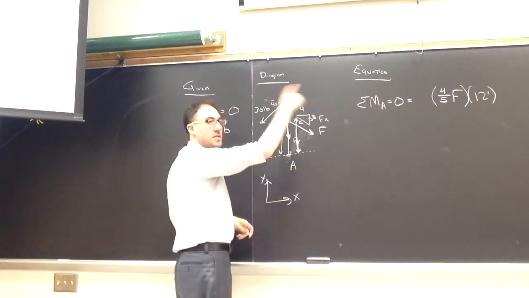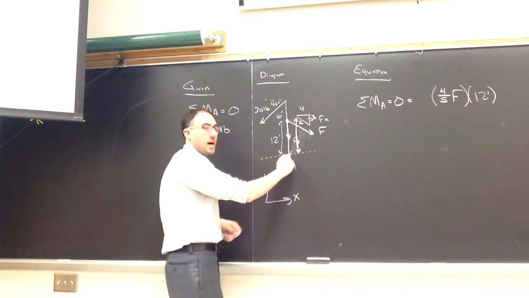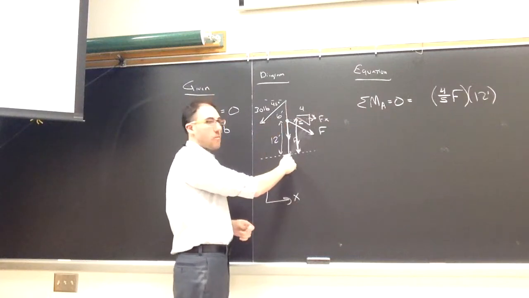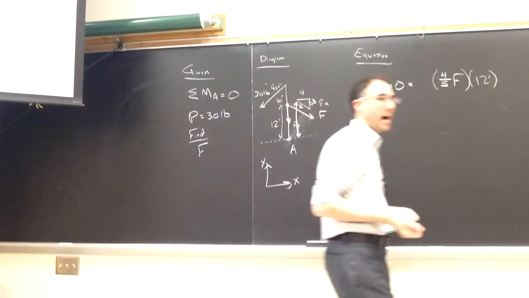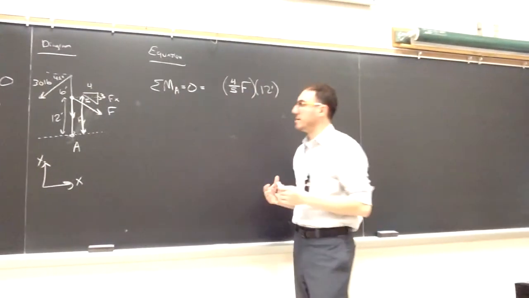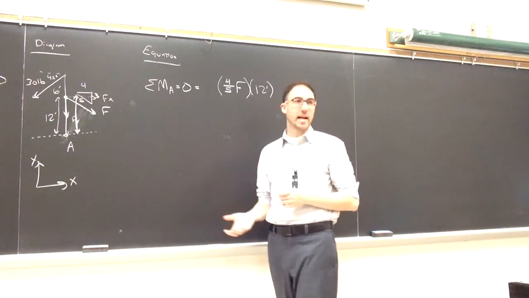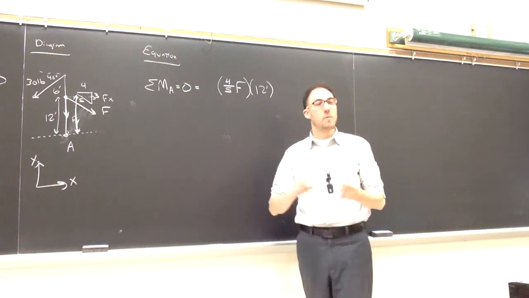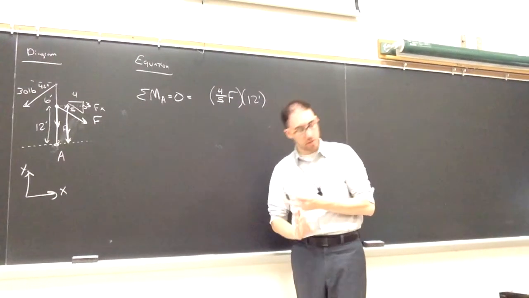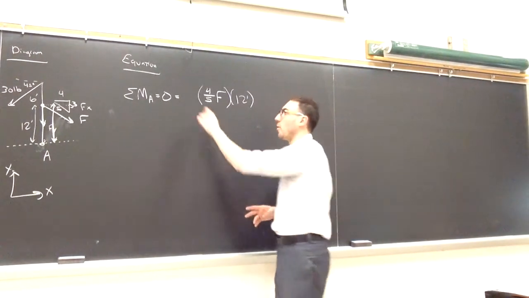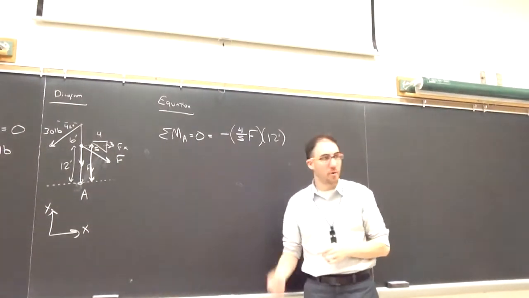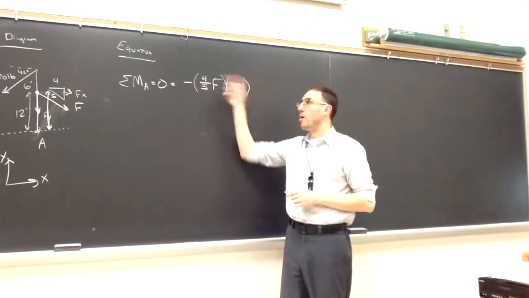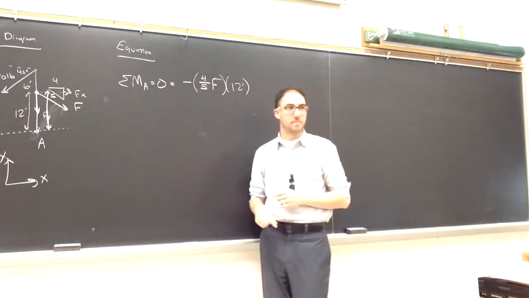The paper would want to spin clockwise, so this is causing a clockwise moment around point A. It's a negative moment in that case. Remember, a positive moment will be counterclockwise, negative will be clockwise. So we have to manually put in that this is going to be a negative moment around that point A.